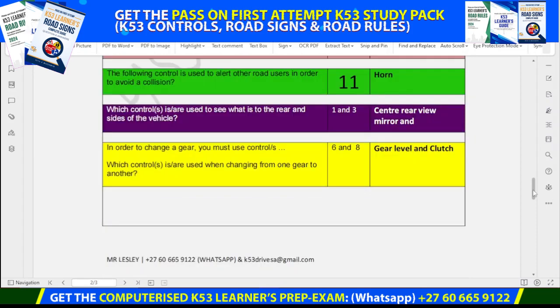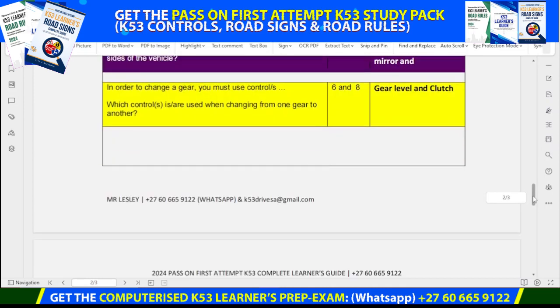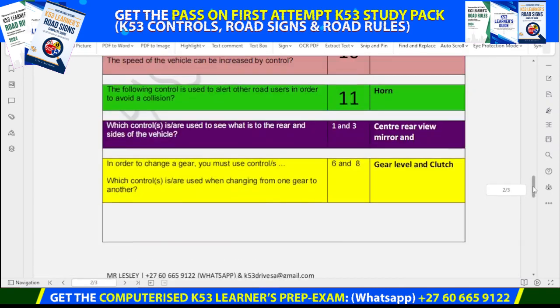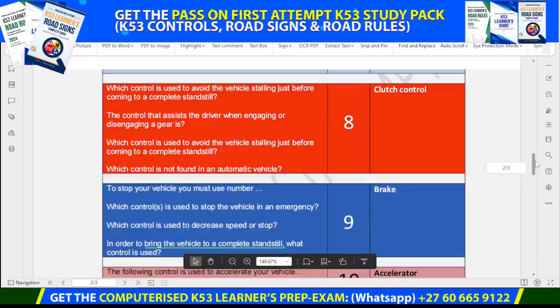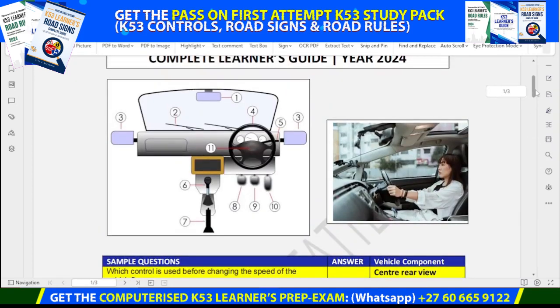Okay, now there are some procedures that will require you to use more than one control, and we're going to look at those ones, right? So if the question says which control or controls is or are used to see what is on the rear or sides of the vehicle, let's go back to our diagram here.